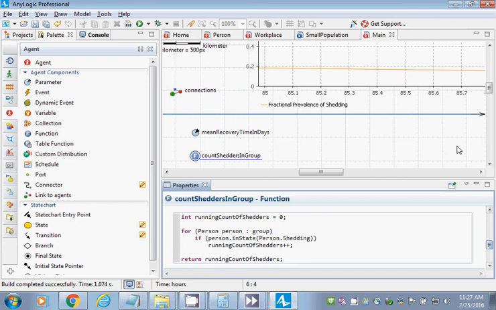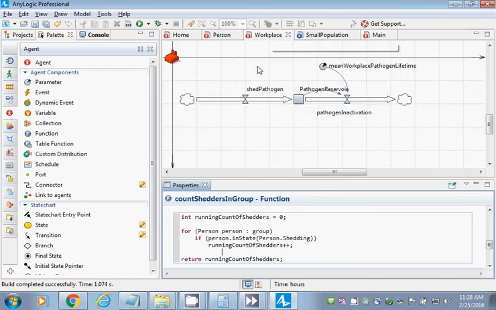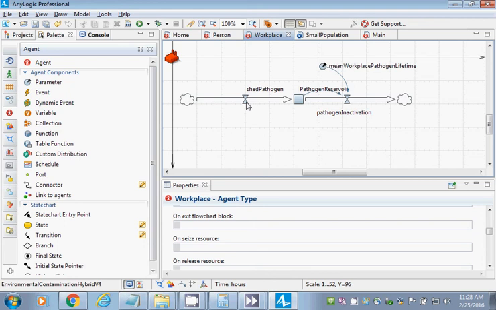Okay, so ladies and gentlemen, what we need to do here for shed pathogen is we're going to put in a formula for shed pathogen, okay?